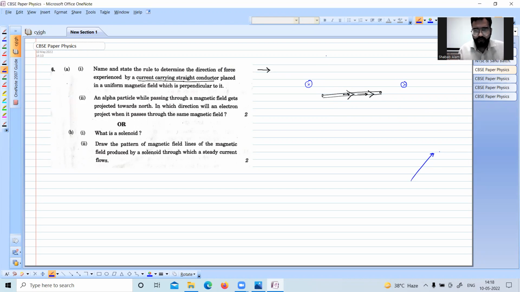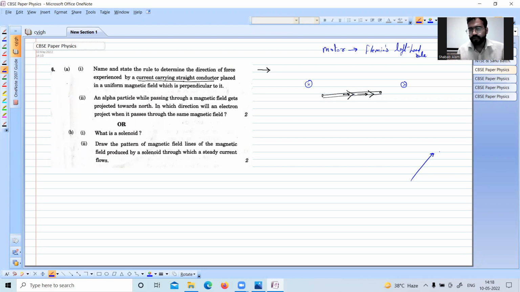So what I told you, the trick, the rule we use is Fleming's left hand rule. So we are going to use the left hand rule because the current is a given quantity, and we need to find out the direction of motion of the conductor.